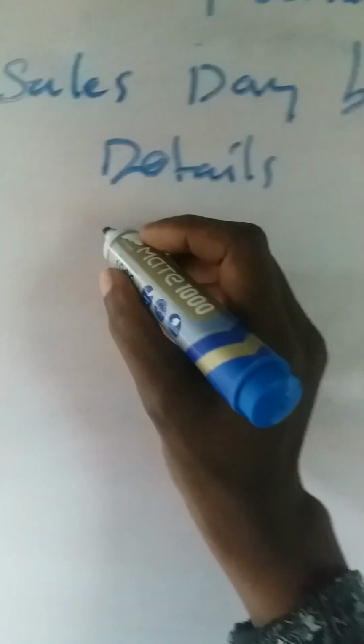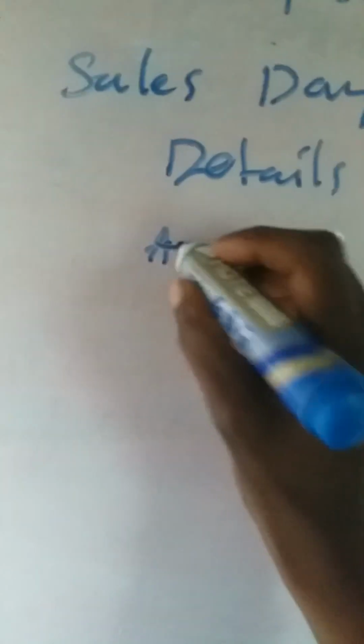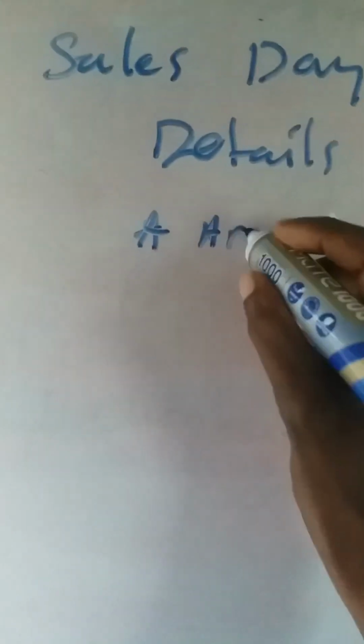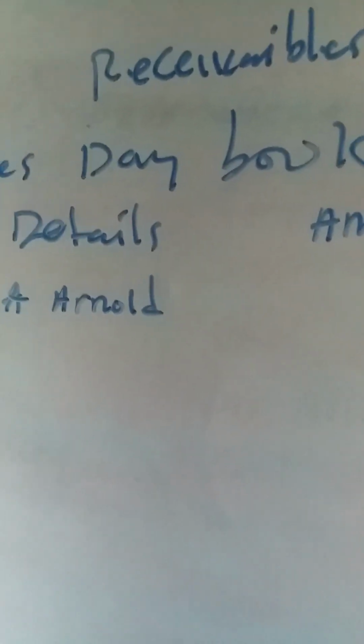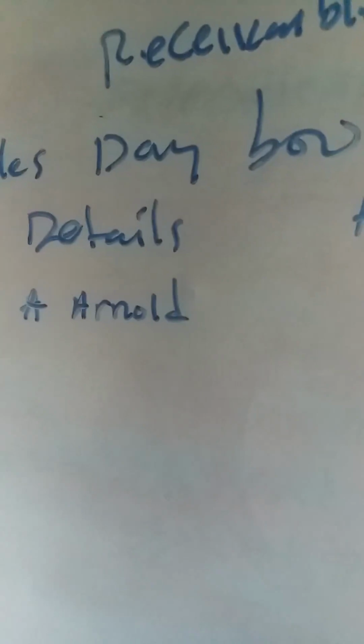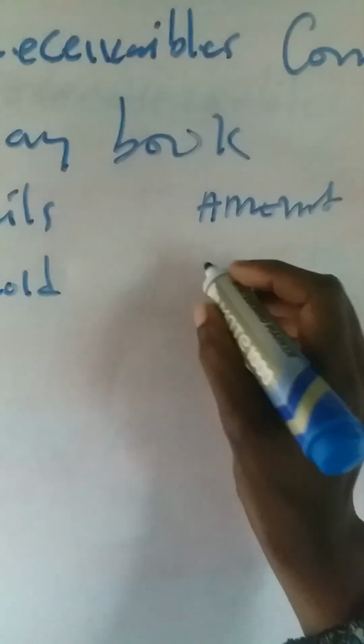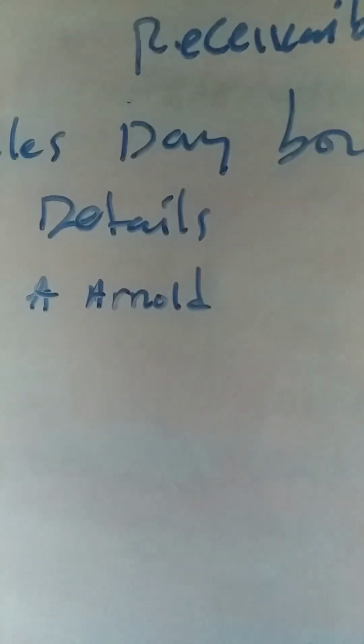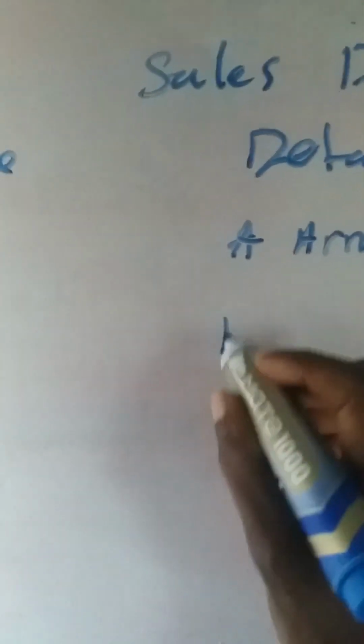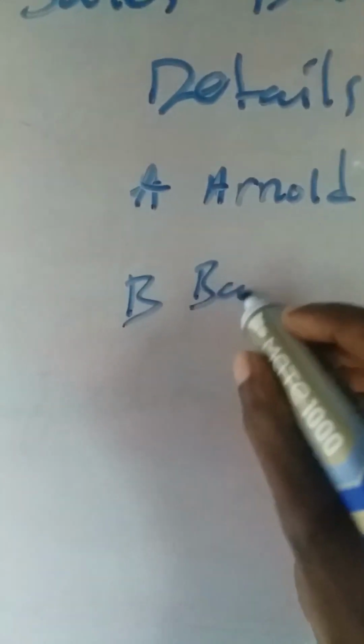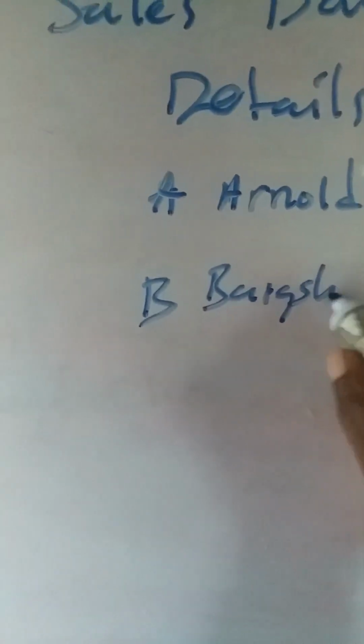Okay, so here we have the first transaction. We invoiced A Anode, so our details will be A Anode. How much did we invoice A Anode? We invoiced A Anode the amount of 100 kwacha, and then the next one was B Bagshaw.